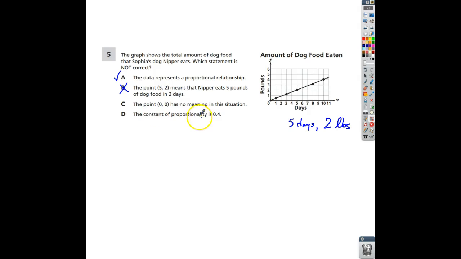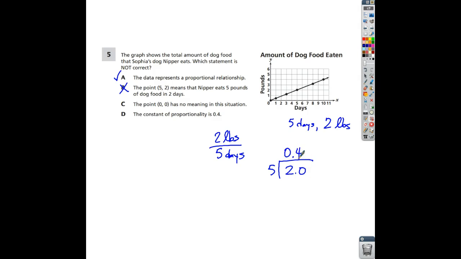And in this case, the constant of proportionality is 0.4, meaning the unit rate is 0.4. Well, if I look here, if I do 5 and 2, right? What I'd do is I'd say 2 pounds in 5 days. Okay, and if you divide this, I'm going to do 5 into 2. Well, does 5 go into 2? No, so I got to break it into tenths. 5 goes into 20, 0.4 times.